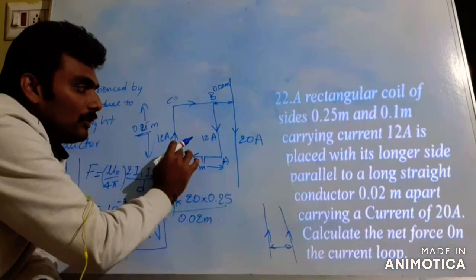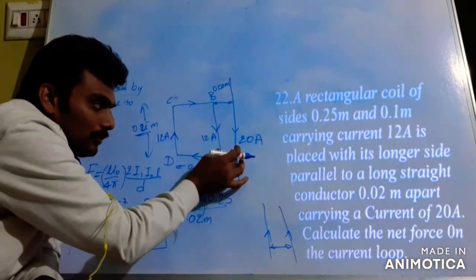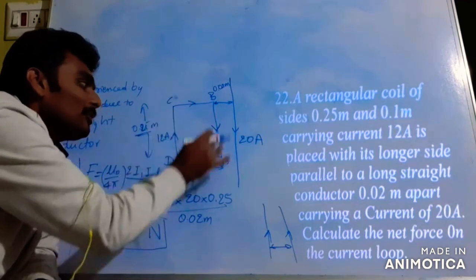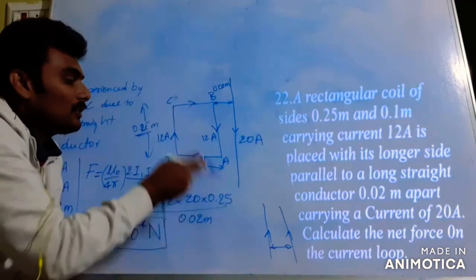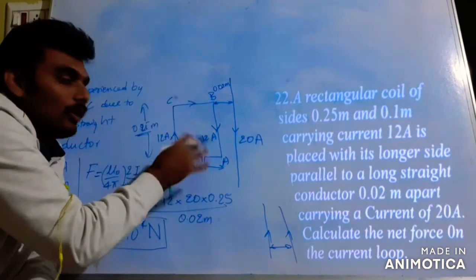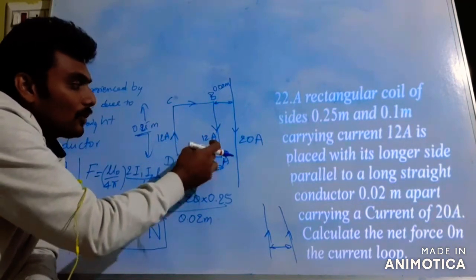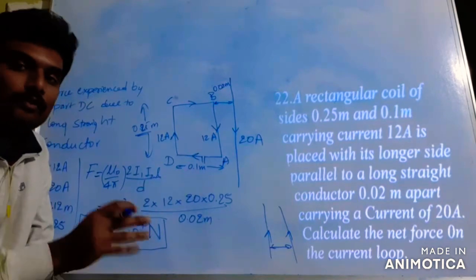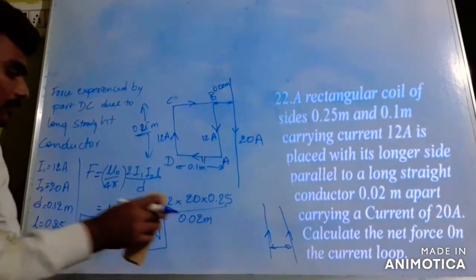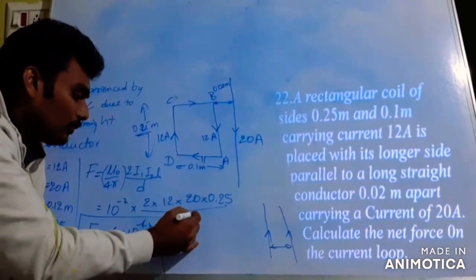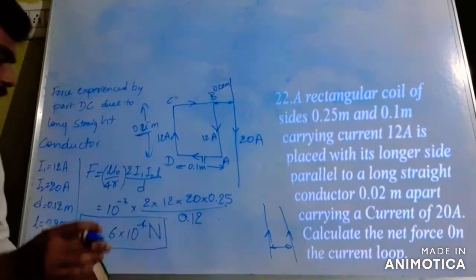First we obtained the force between 1 and 2, then the force between 1 and 3. These 2 and 3 belong to the same system, and hence we get the net force on this system by obtaining the force on each of them. Just a vector sum will do. So instead of 0.02 it is 0.12 meter, and that's it.